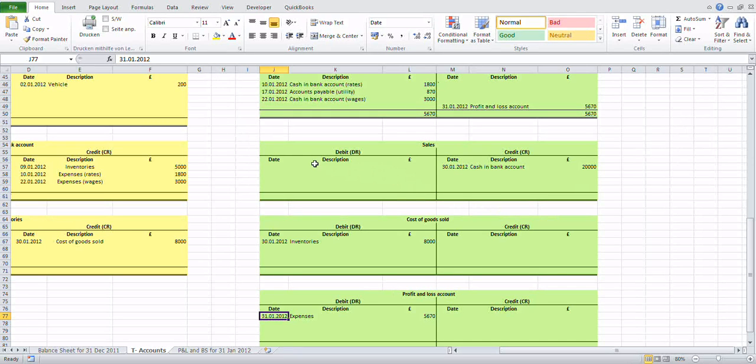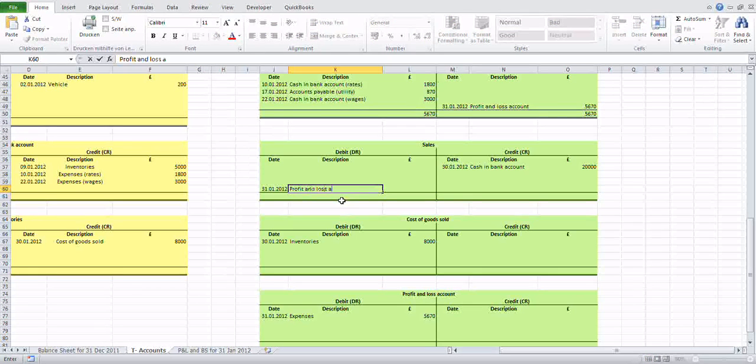Let's do the same with the sales. The sales, we've only recorded 20,000 on the credit side, so we are also quite quick. Make sure to select the last appropriate line. This goes to the profit and loss account.